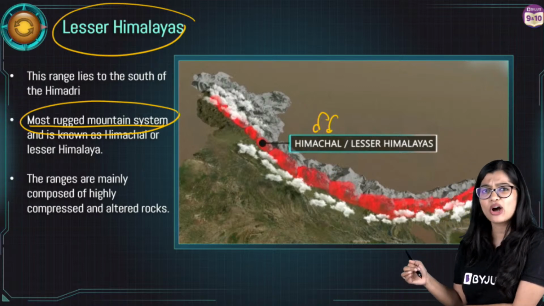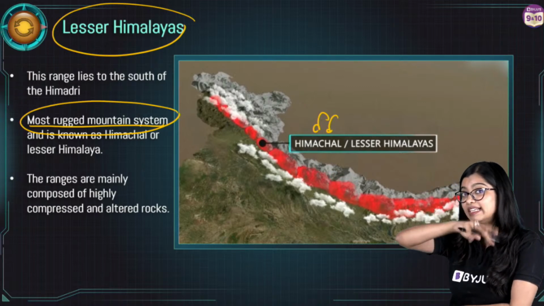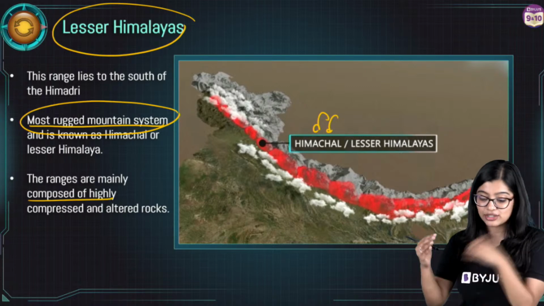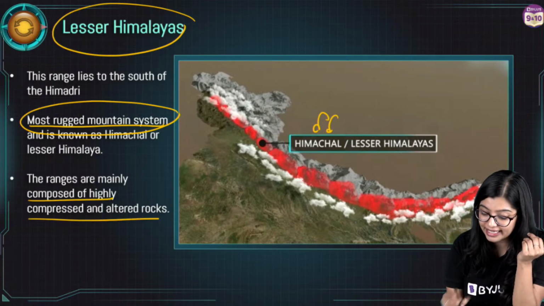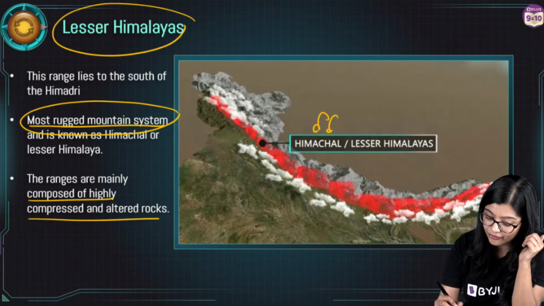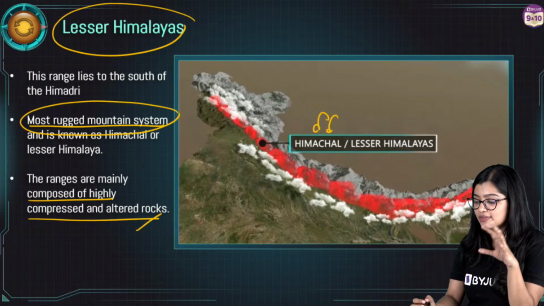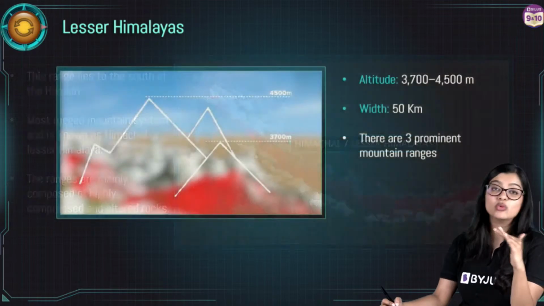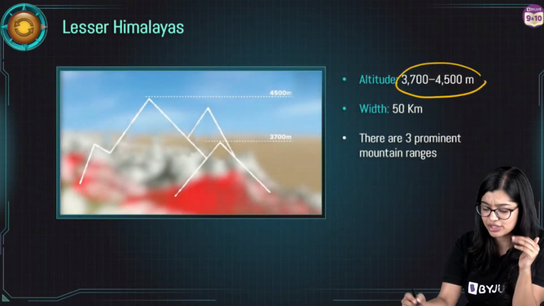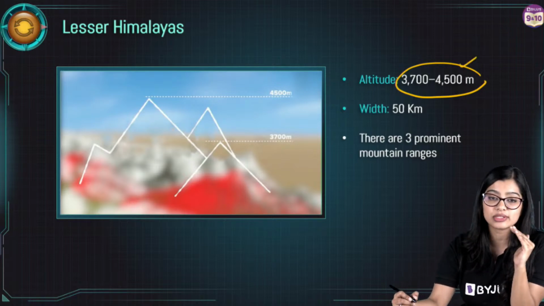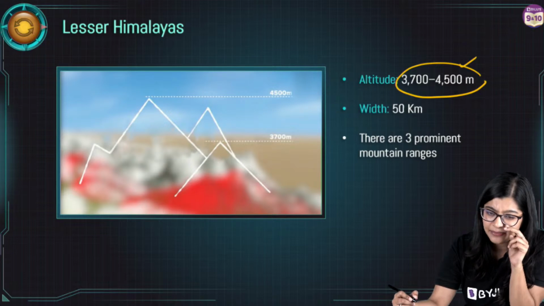We saw that the inside was made up of granite, while on this side the ranges are mainly composed of highly compressed rocks, and these rocks are altered, right? The average height ranges between 3,700 to 4,500 meters.